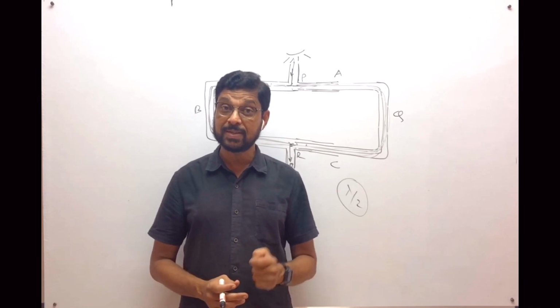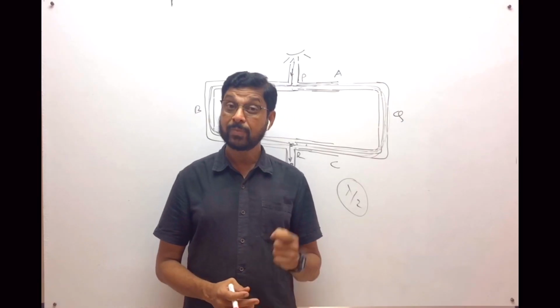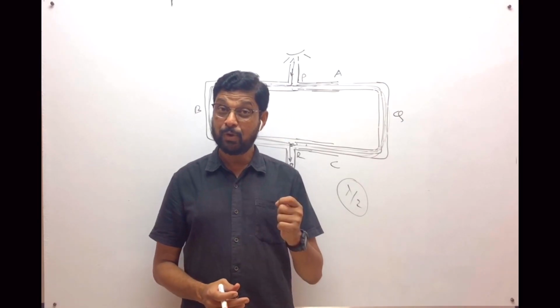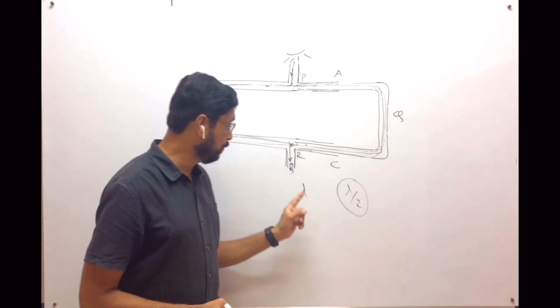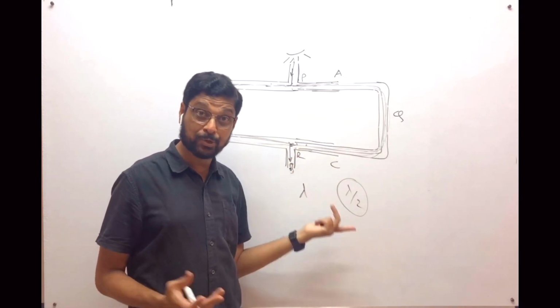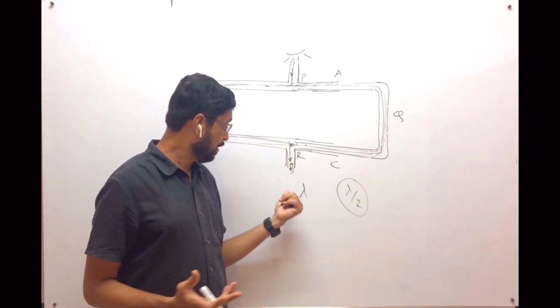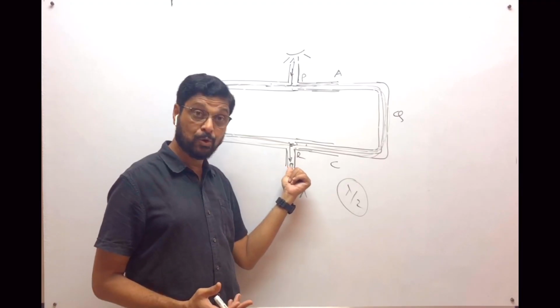Path difference is lambda by 2, means phase difference is how much? Pi. So what happens there? Destructive interference. So you will hear no sound here, क्योंकि दोनों waves का amplitude same है, everything is same, तो दोनों का destructive interference हुआ 0, so you'll hear no sound here.